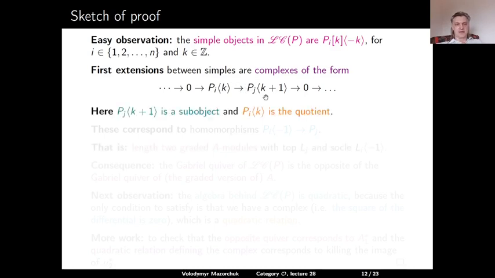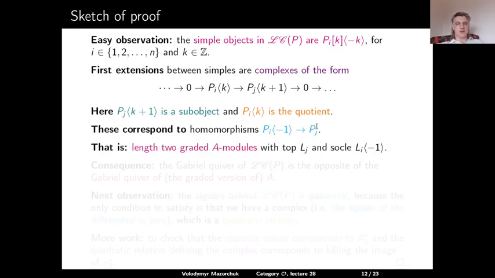In this complex, the right non-zero component is actually a subobject, and the left component is a quotient, which means that such a complex with Pj in position k plus 1 being a subobject and Pi in position k being a quotient corresponds to a non-zero homomorphism from Pi shifted by minus 1 to Pj, which on the level of A modules means that it corresponds to a length 2 graded A module with top Lj and socle Li.